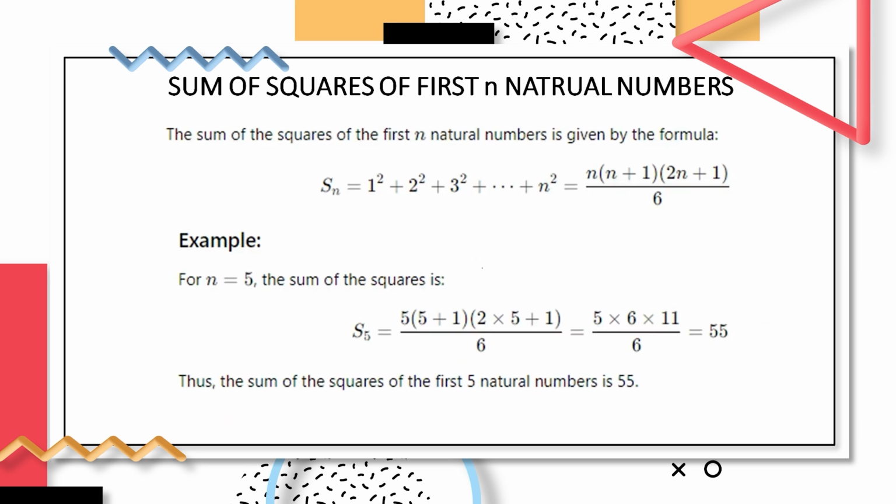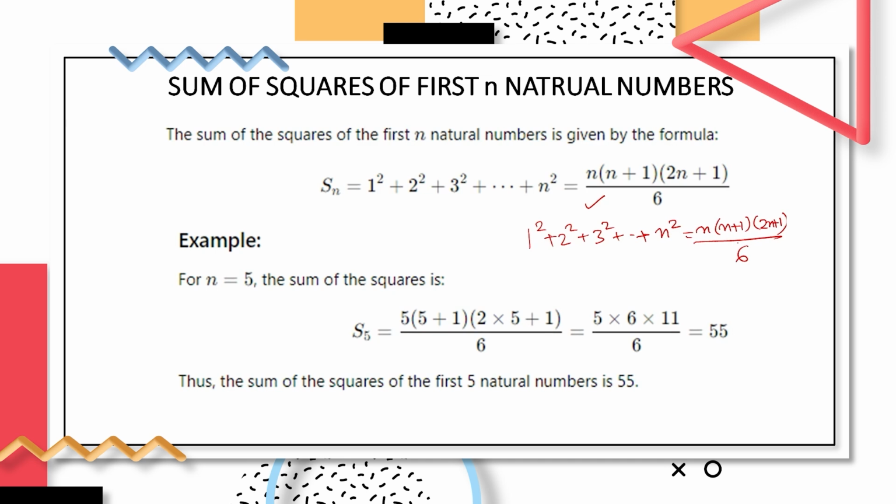Now let's extend our discussion: if we have the squares of the first n natural numbers, then what will be their sum? That is 1 square plus 2 square plus 3 square up to n square. If you want to find the sum, the formula will be n into n plus 1 into 2n plus 1 by 6.